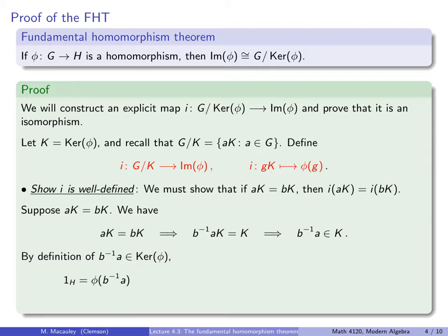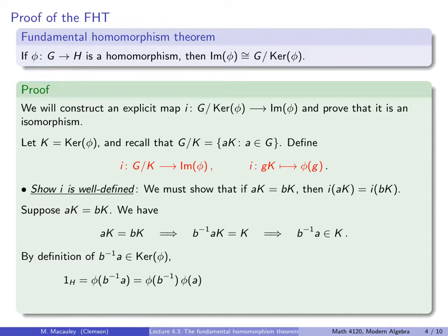And by definition of the kernel, that means that phi applied to this element B inverse A has to be the identity in H. Now, what do you want to do with this? Phi of the product of two elements. Hopefully, you look at that and say, well, let's use the property of homomorphisms to break it up as phi of B inverse times phi of A. Okay?